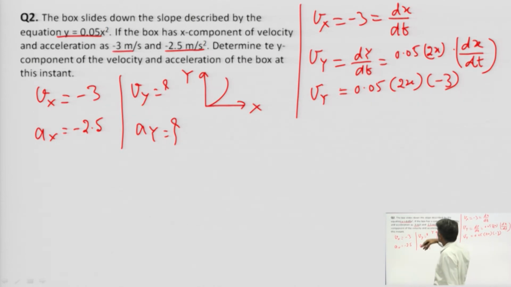Read the question again. The box slides down the slope described by the equation this one. If the box has x component of velocity and acceleration, determine... the x value must be given. That should be given in the question.